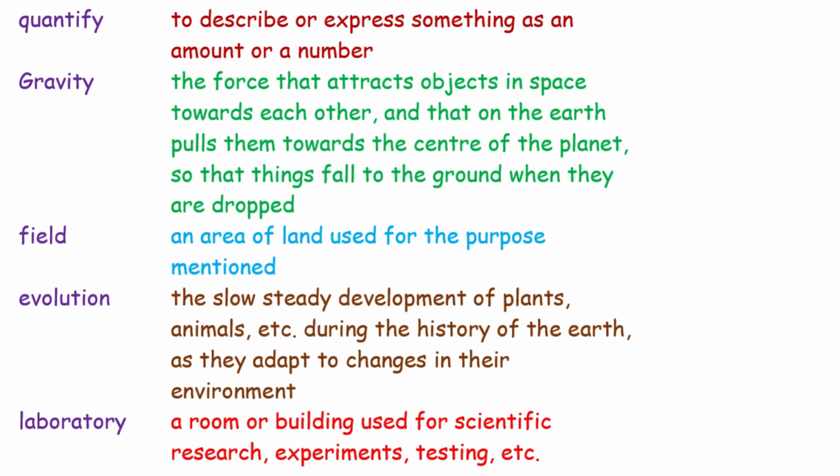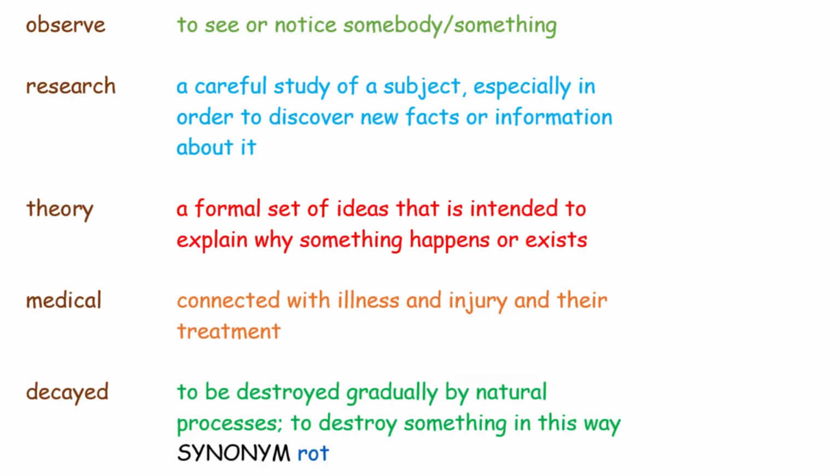Field. An area of land used for the purpose mentioned. Evolution. The slow steady development of plants, animals, etc. during the history of the Earth, as they adapt to changes in their environment. Laboratory. A room or building used for scientific research, experiments, testing, etc. Observe. To see or notice somebody as something.